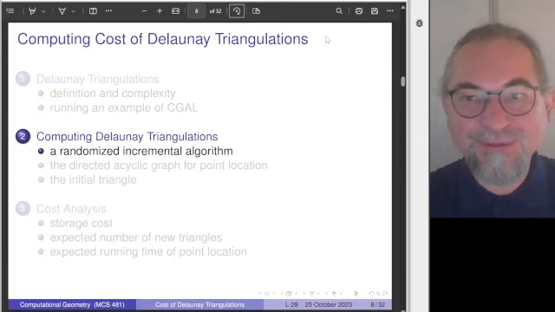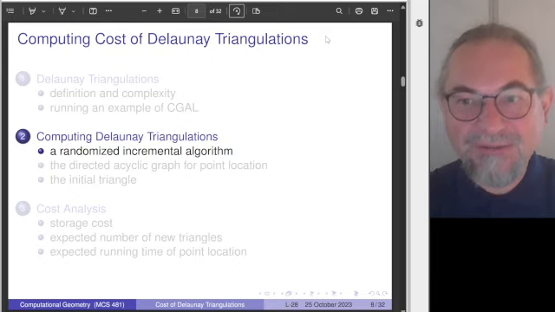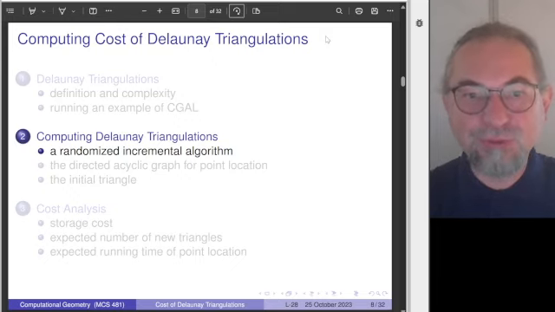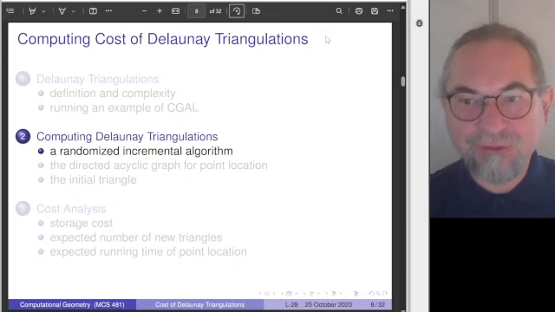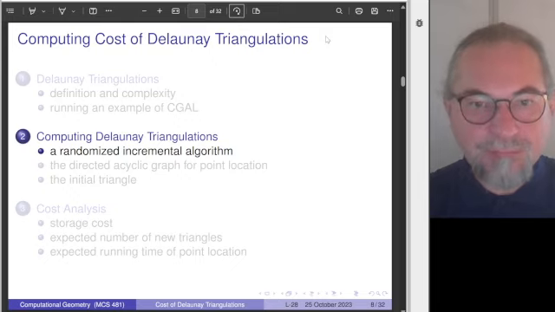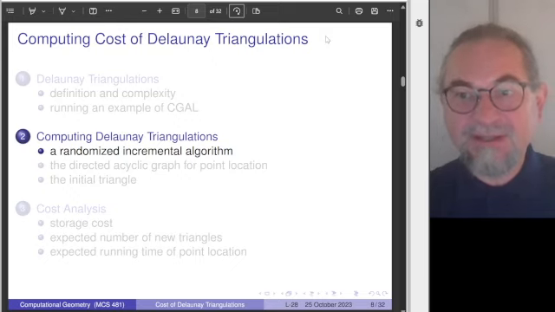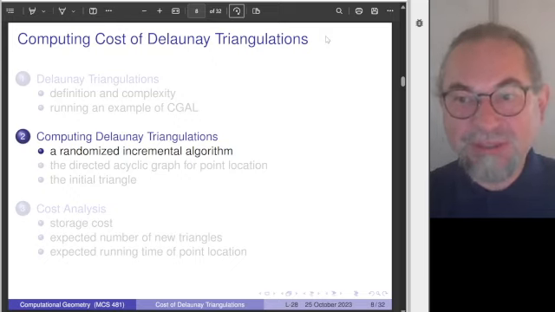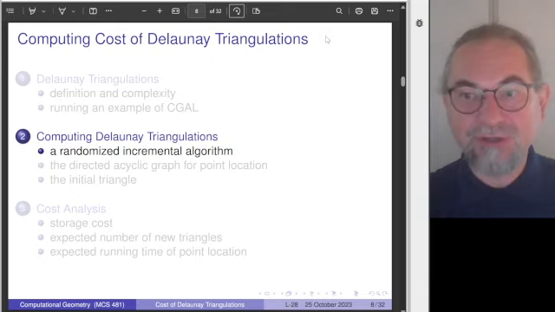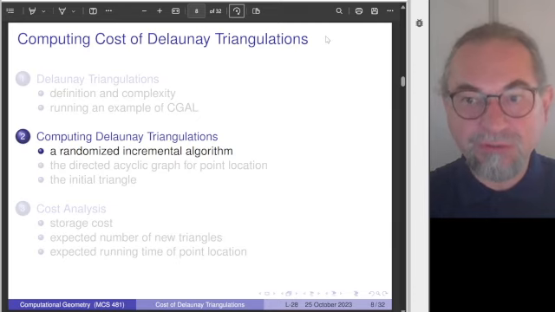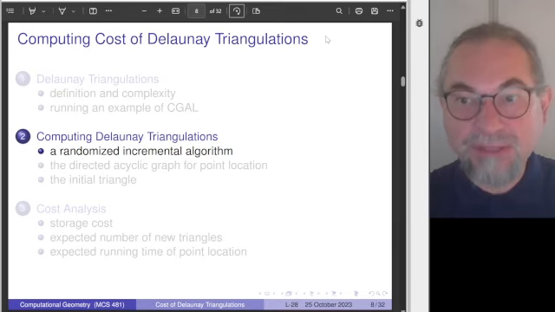Let's now look into a self-contained algorithm to construct the Delaunay triangulation. Why is that important? Because we have seen that the complexity is linear in the number of points, so we can come up with specialized data structures. And that is also what CGAL contains.